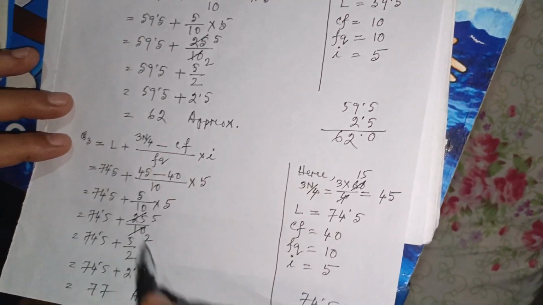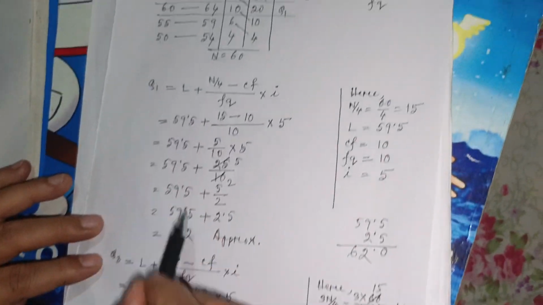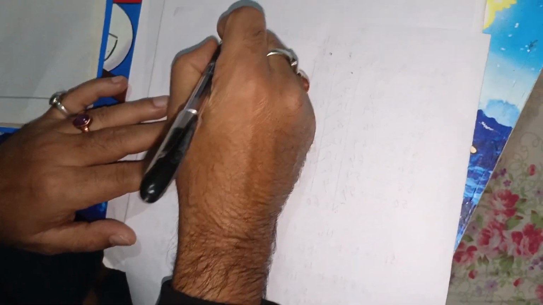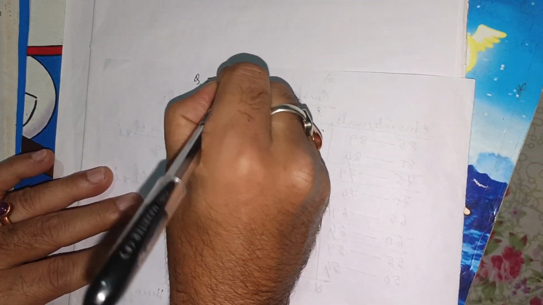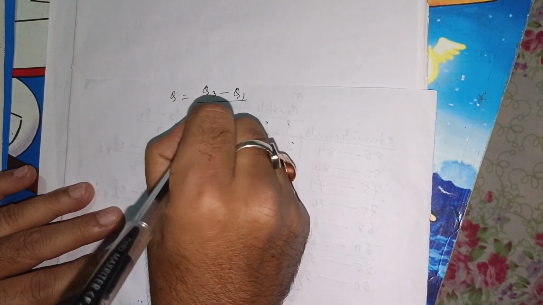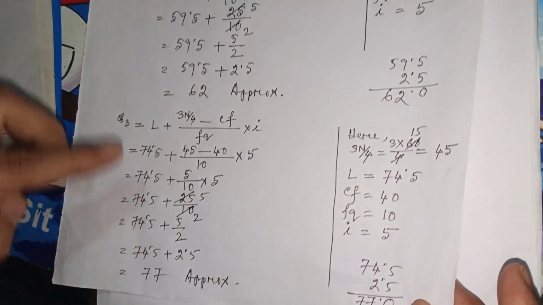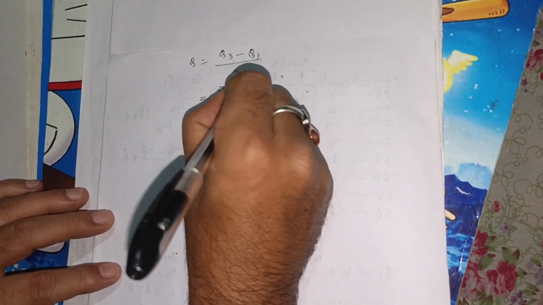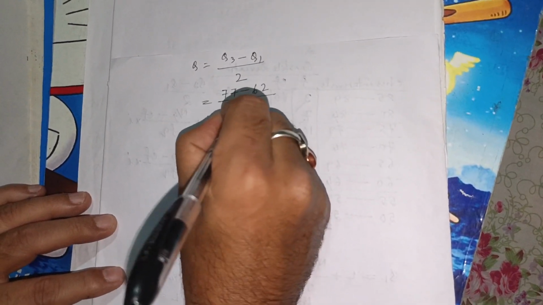Now Q3 is 77 and Q1 is 62 in our hand, so we can put them in the formula. Q equals Q3 minus Q1 divided by 2. Q3 was 77 and Q1 was 62, so 77 minus 62 divided by 2.